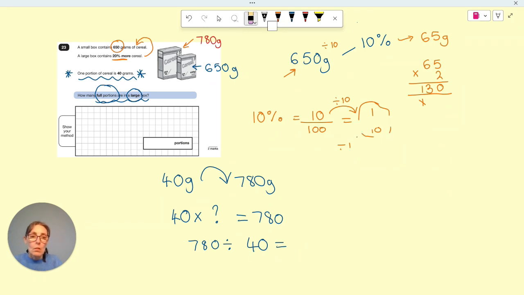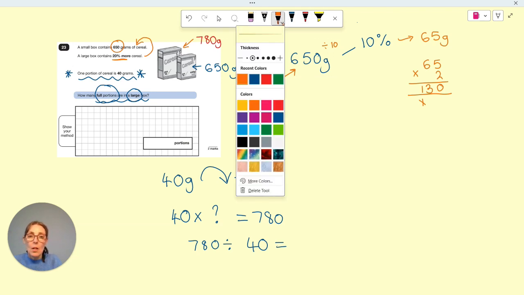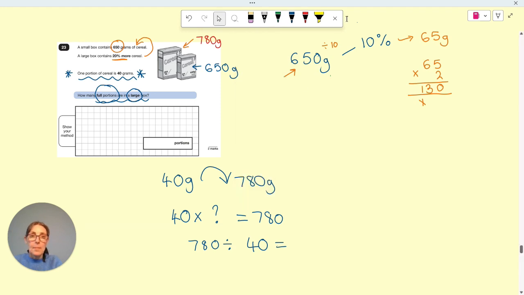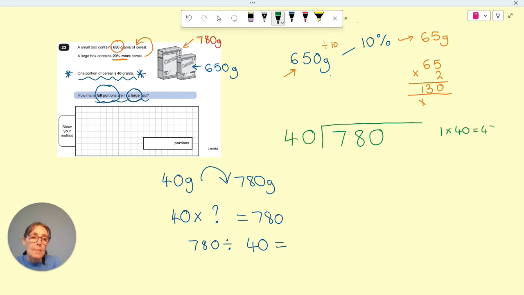So, just choose a different colour. Let's go for that one. So I'm going to do 780 divided by 40. And I know 1 times 40 is 40.